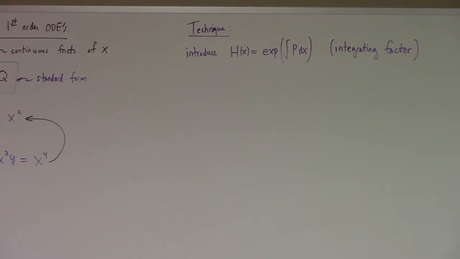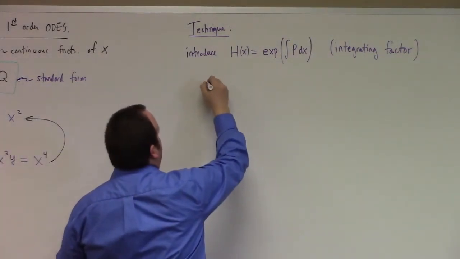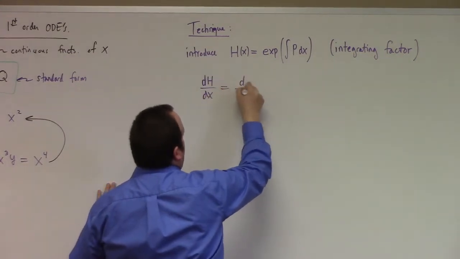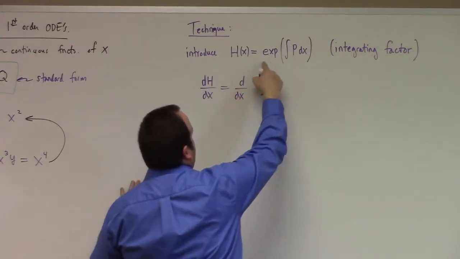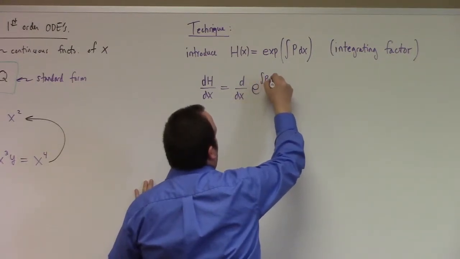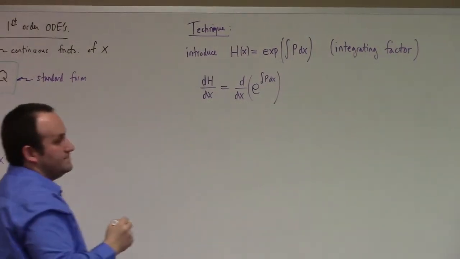Now, what can we do though? What's the derivative of h here? If I calculate dh dx, what do I get? This is just notation for e to the integral, so don't be confused by my notation. How do you differentiate an exponential?